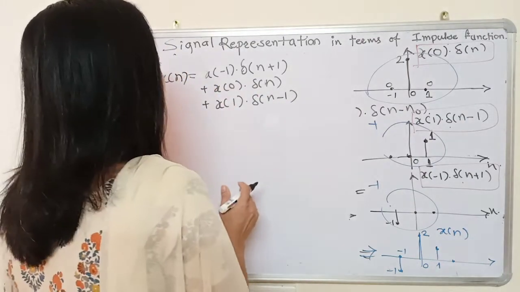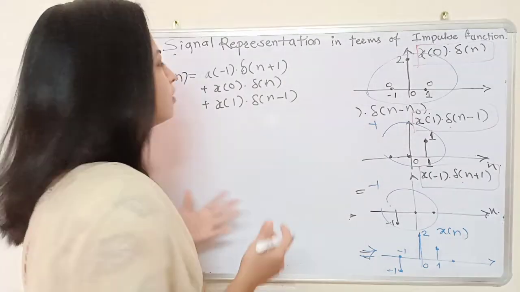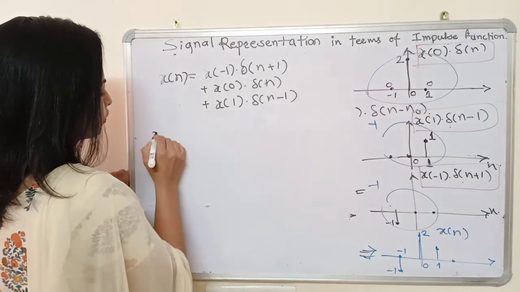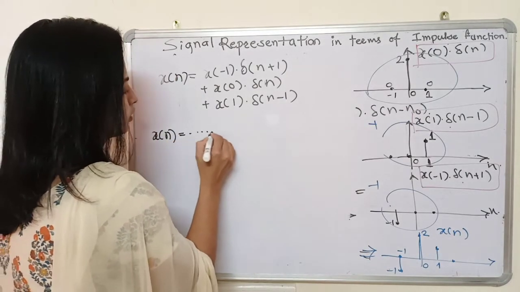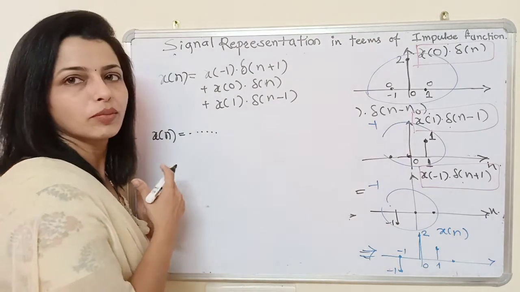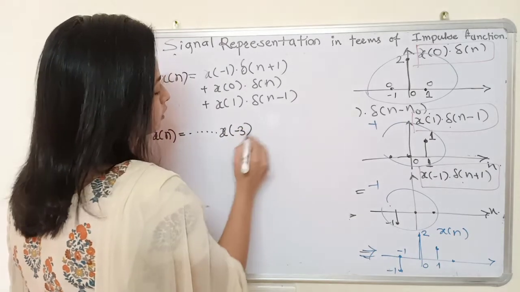Now once I understand this, I can write any signal, any larger signal x of n. Let us try to write. So there are so many samples starting from -infinity. So I'll start from x of -3.